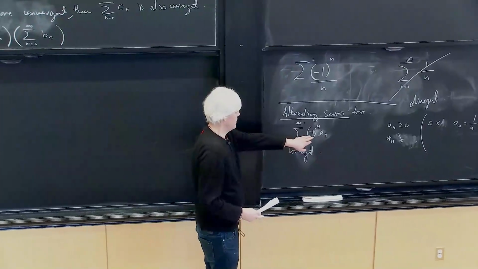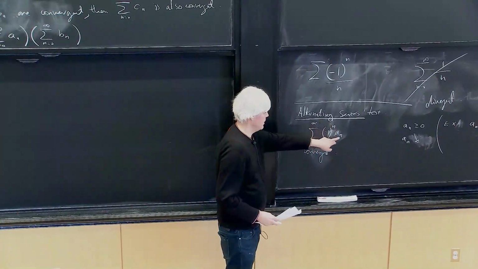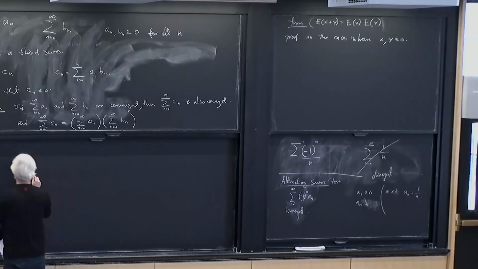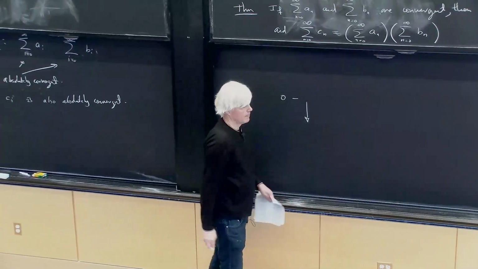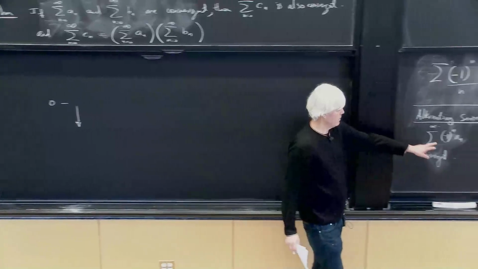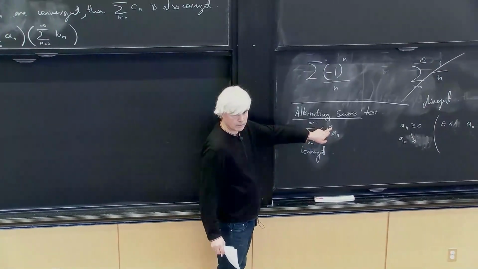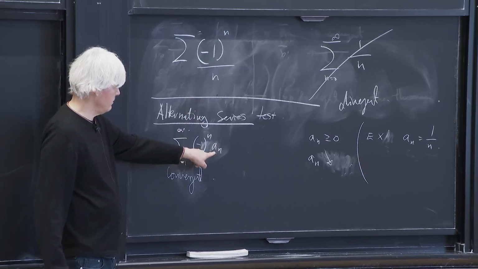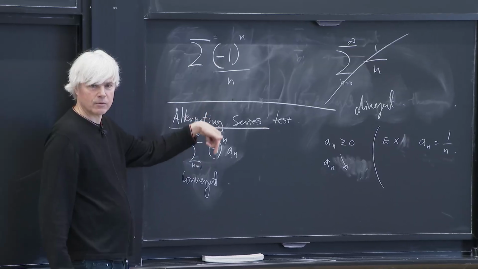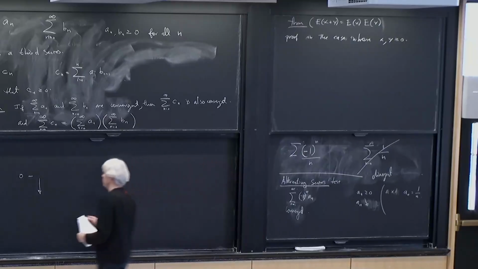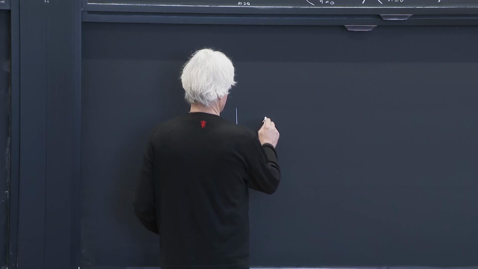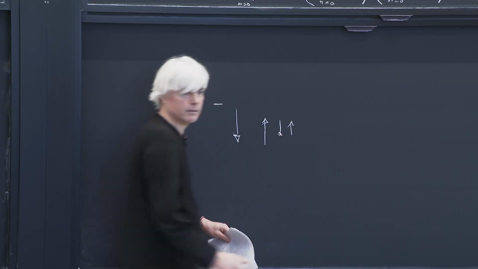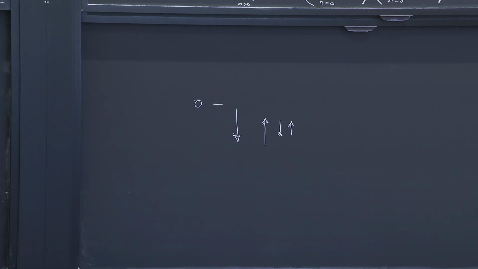The first element is negative, so you're going down. The next element is positive, so you go up, but it's monotone, so you don't go as much up as you went down. So first you go down, then up, but less up, then less down, then less up, etc. And that actually forces it to converge. Okay?